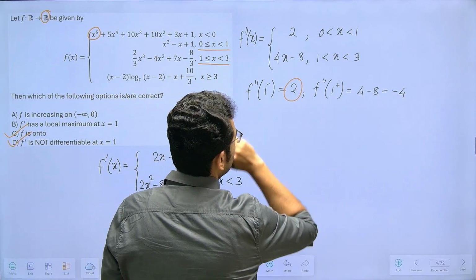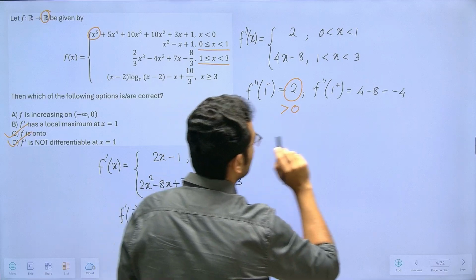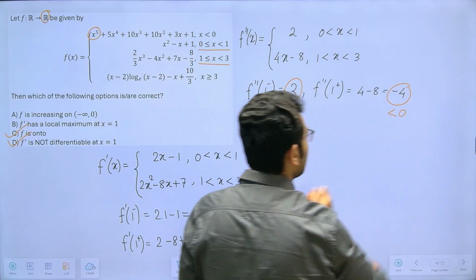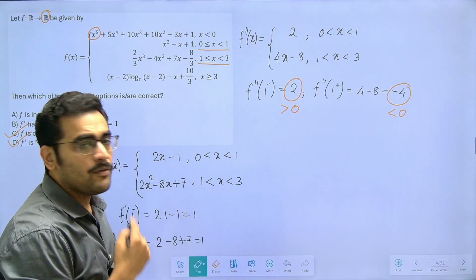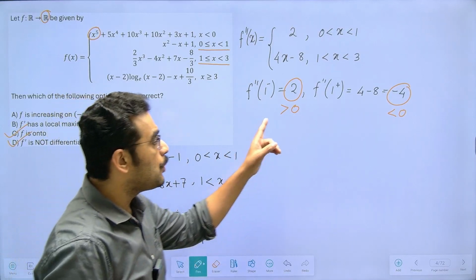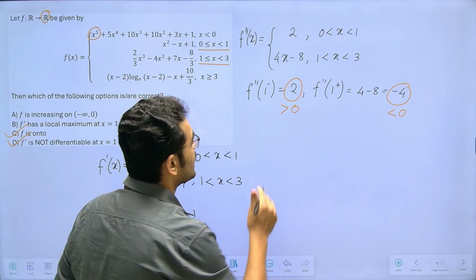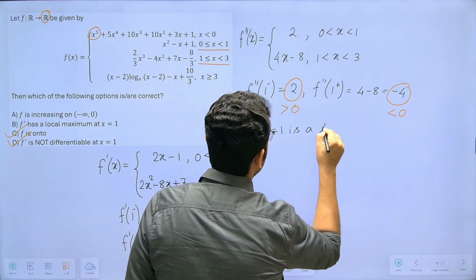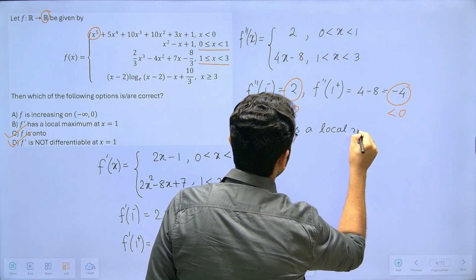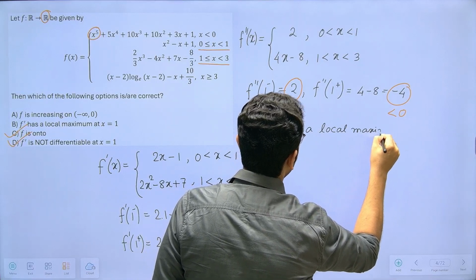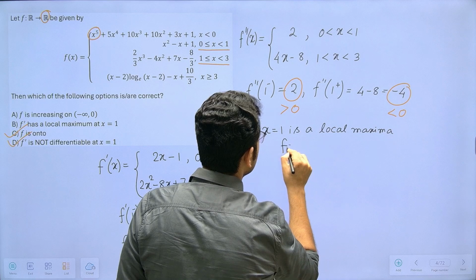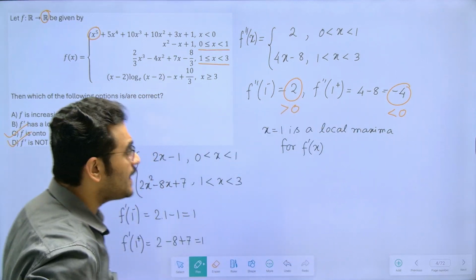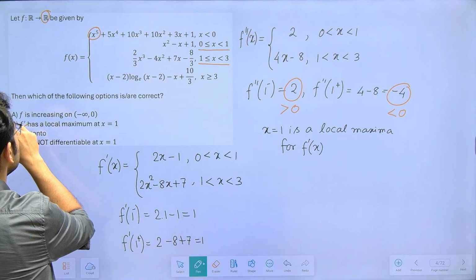You see that the left tendency is a positive value, and the right tendency is negative. So the derivative of the derivative is changing sign from positive to negative. That means we can definitely say x equal to 1 is a local maxima for f dash x. That is correct because the derivative is changing from positive to negative. So option B is correct.